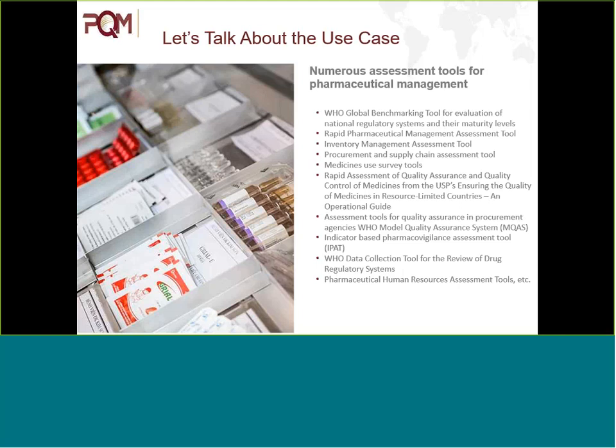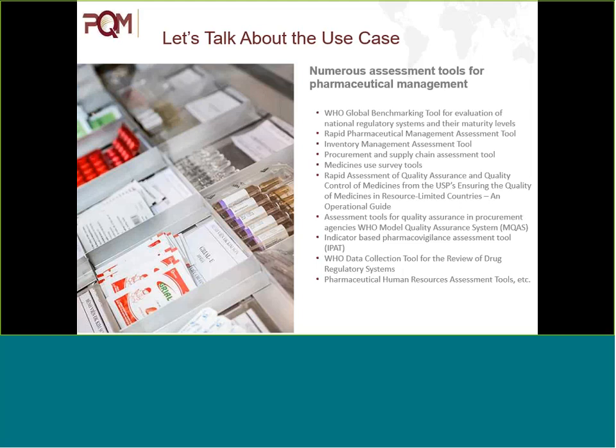But WHO says, for countries to have a functional regulatory agency, you must be operating at maturity level 3. And so this is really one indicator tool that is zeroing in on a subsystem of this subsystem that is pharmaceuticals. And then you have several others.